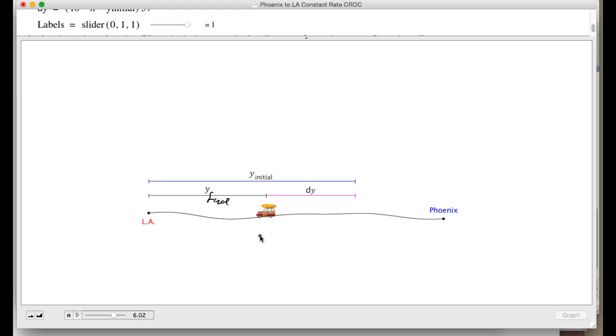So if I pause it and I say I'm going to talk about the part of the trip where I was this far from LA, and then later I was this far from LA, now that variable y becomes a particular y, which we can call y final, right? So what does y final equal?